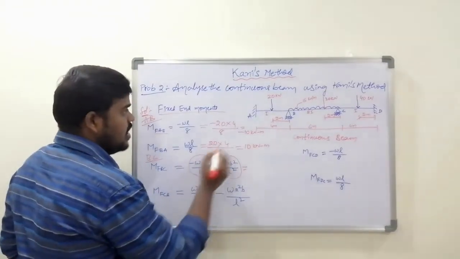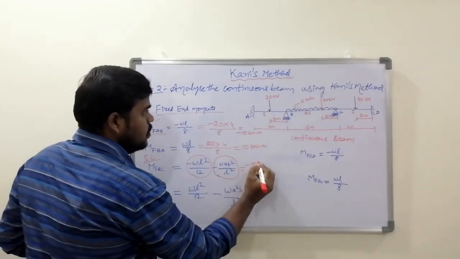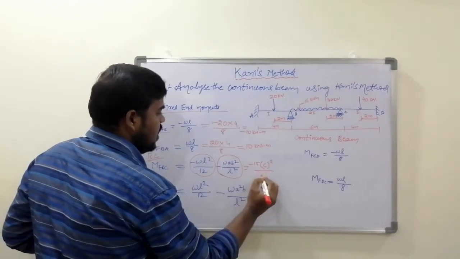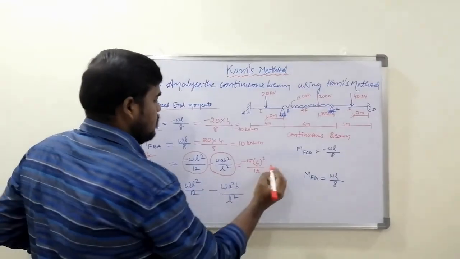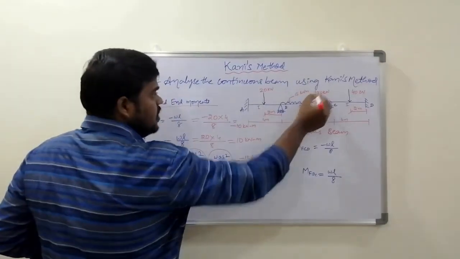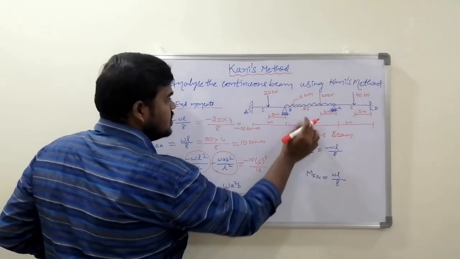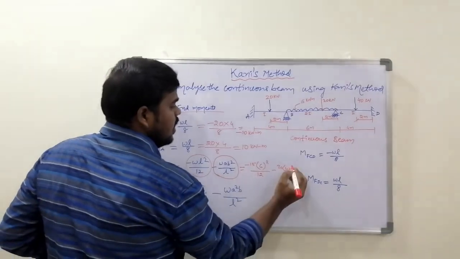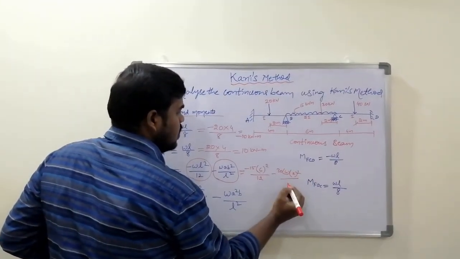While solving this, minus W is taken as minus 15 into L is taken as 6 square by 12, and next, minus W is taken as 30 into A is 4, this is A and this is B, by L square.